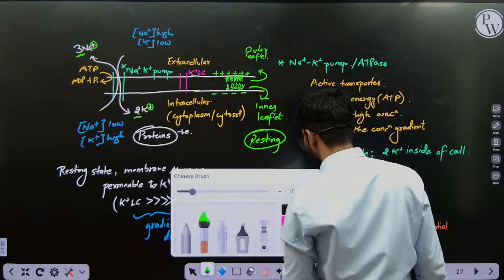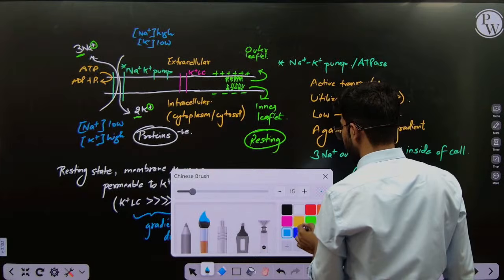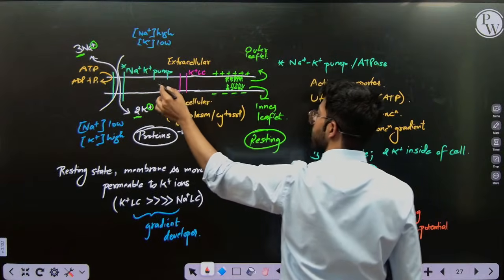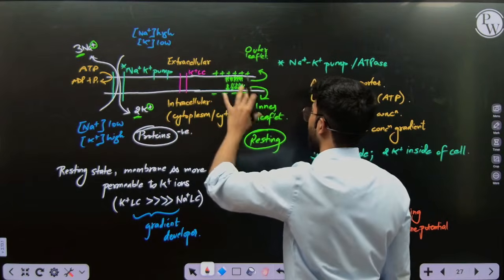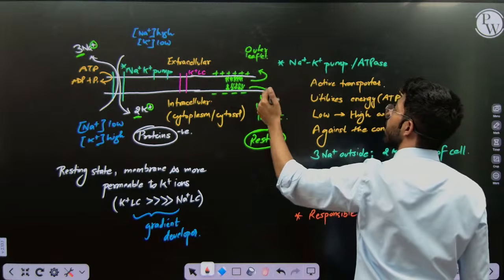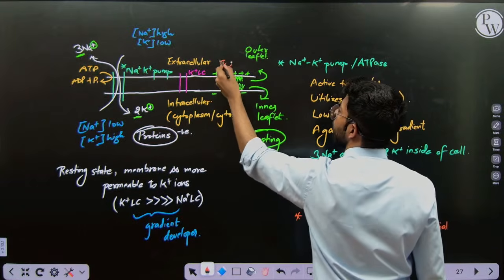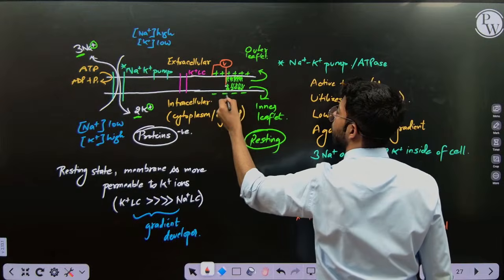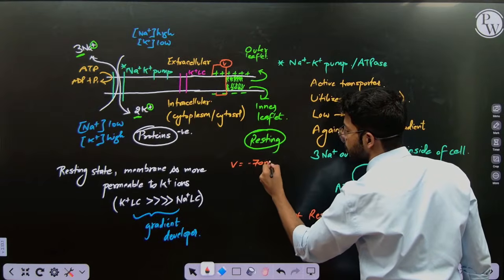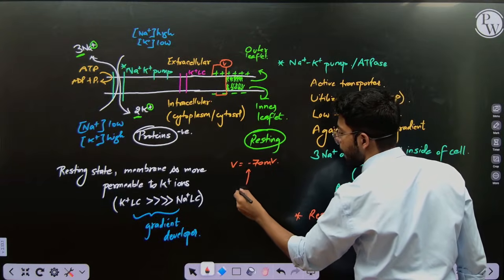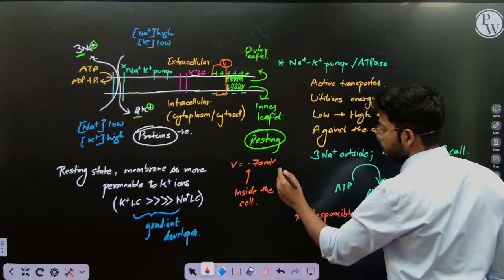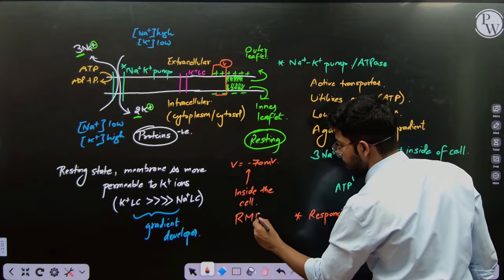Now, if we use a voltmeter to measure the potential difference between these two leaflets, outer and inner, the voltage comes out to be minus 70 millivolt, and the minus is inside the cell. This is the RMP, resting membrane potential.